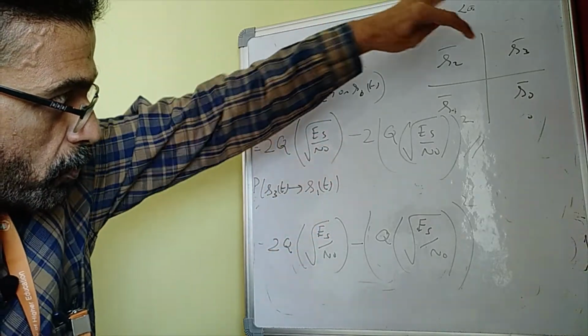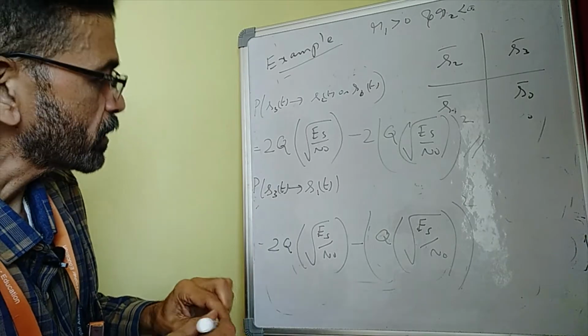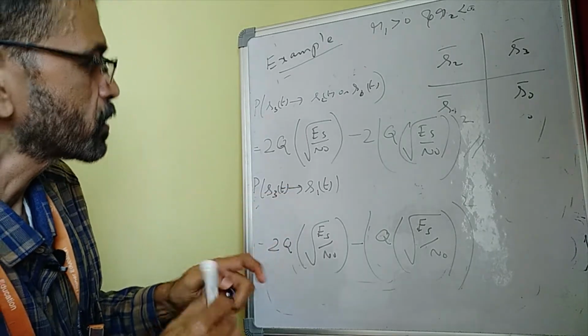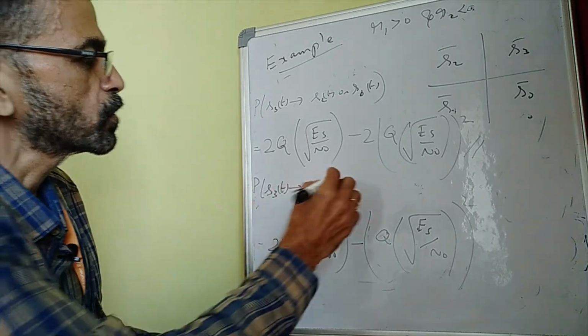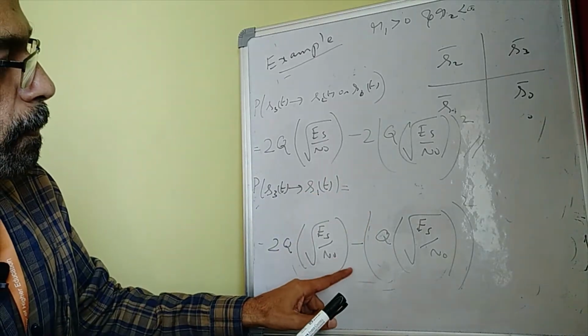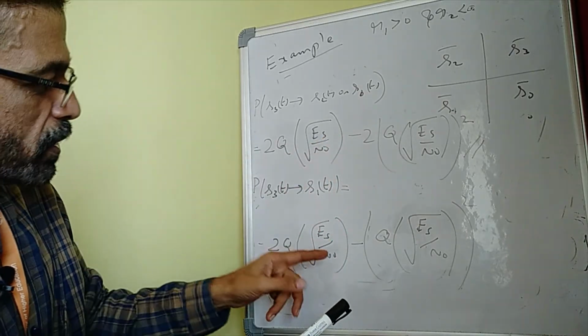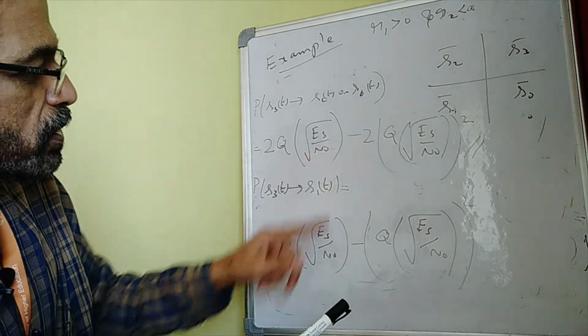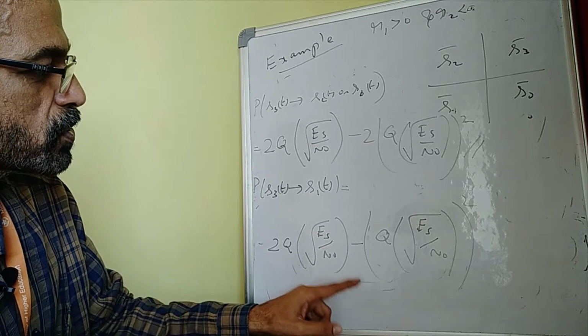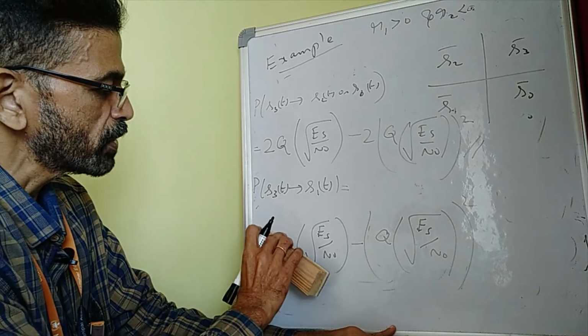So the probability of S3T being detected as S1T is equal to this minus this. When we subtract this from this, this term will vanish.